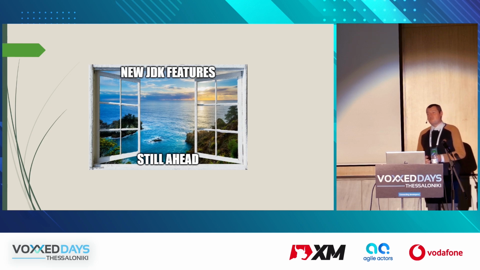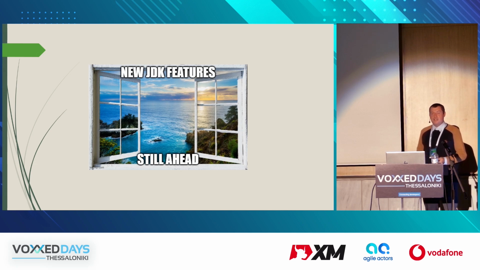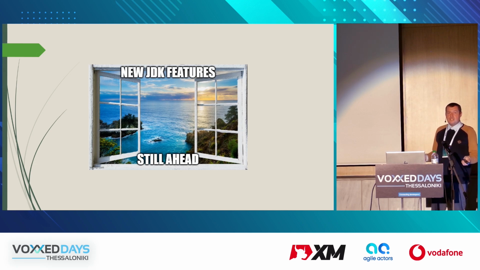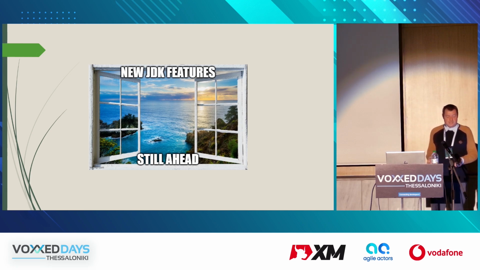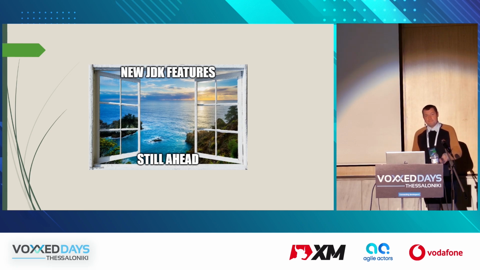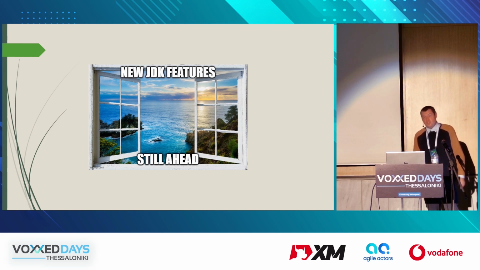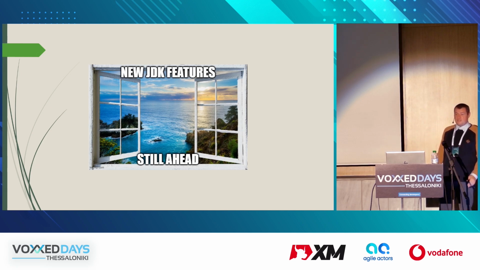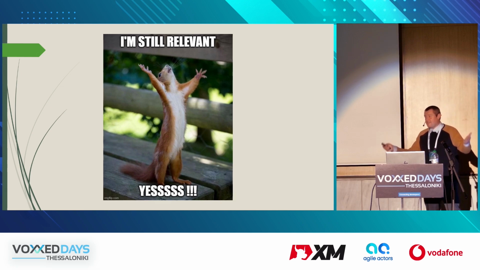Loom is also being developed. We also see Valhalla and so on. So the potential new features are very promising, and we can wait for that because it seems that it will be better. If you see that Java is developing and new features are being added, you can feel that you are still relevant. So yes, Java can still be sexy.